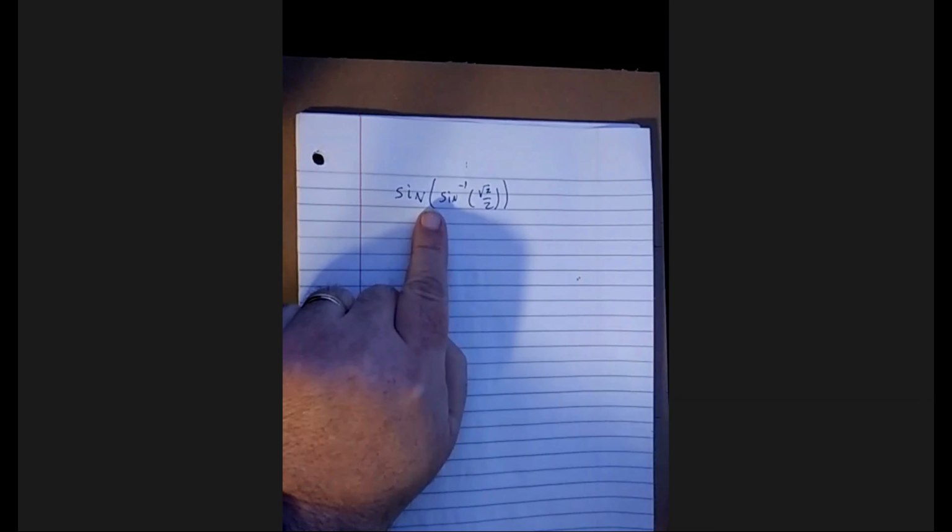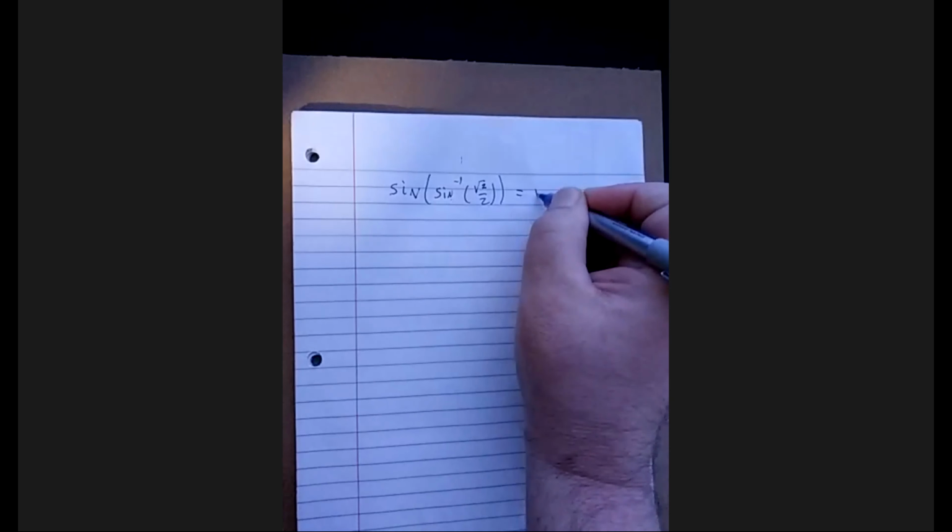They very often mix and match them. This is the simplest version. If you do the inverse sine of this and then you do the sine of that answer, the answer ends up being the guy you started with. So I don't need to really do any work, because a function and its inverse cancel each other out. So if you started with root 2 over 2, you will finish with root 2 over 2.